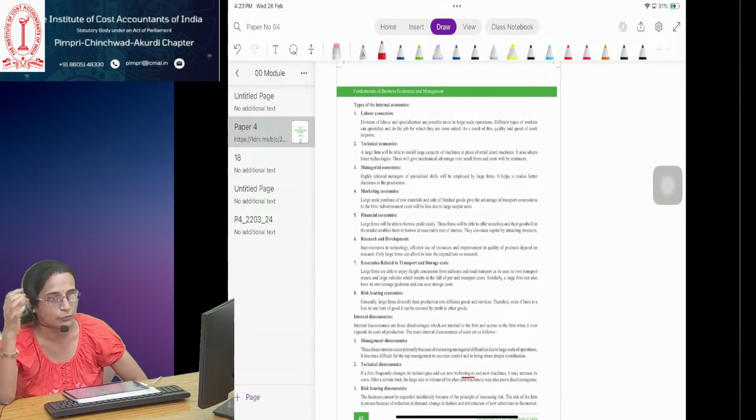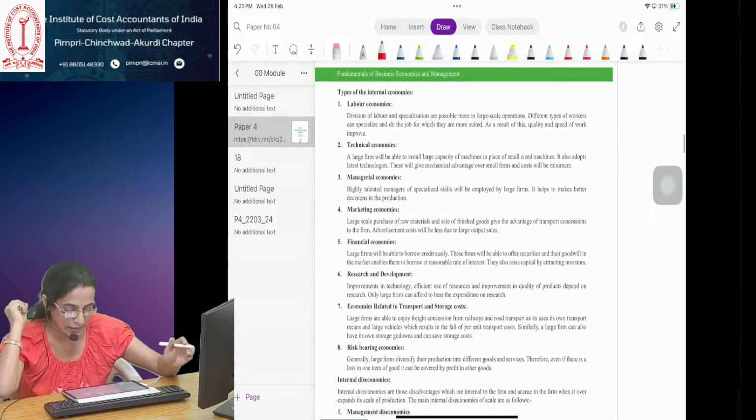The quality of production will increase, right? Good quality will happen. Productivity will increase, because if I am good at a particular work, I will take less time to do that work with good quality. So the productivity and efficiency will increase, which in turn will benefit the organization, right?